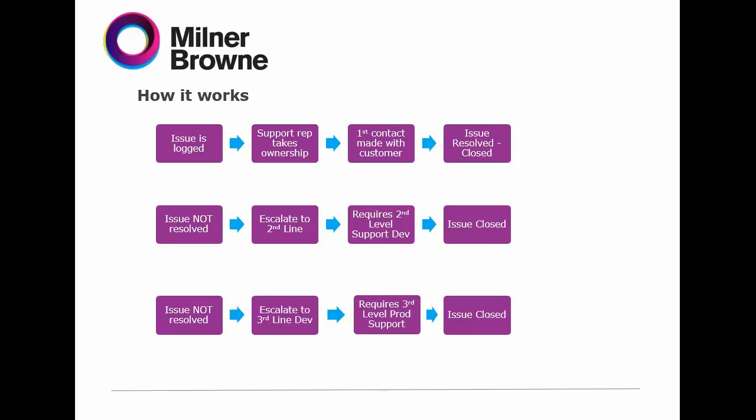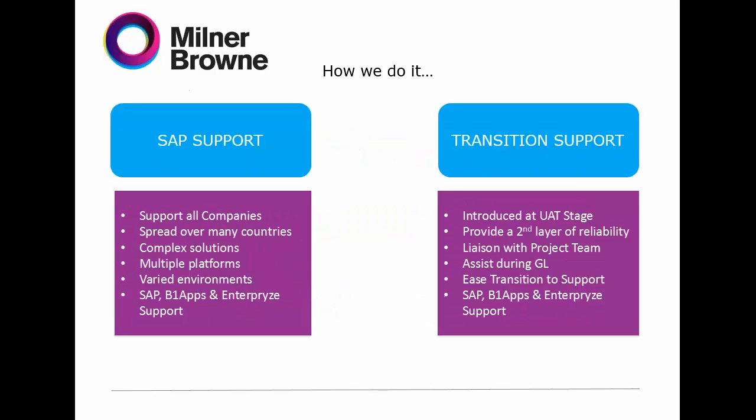It can require some second line investigation and some dev support input, and then the issue might be closed. If at that point the issue is still not resolved, we have a third level escalation where we go to our third level product support team, and at that point the issue will be closed. So we do have 3 levels of escalation within the support team to get all issues resolved for you.